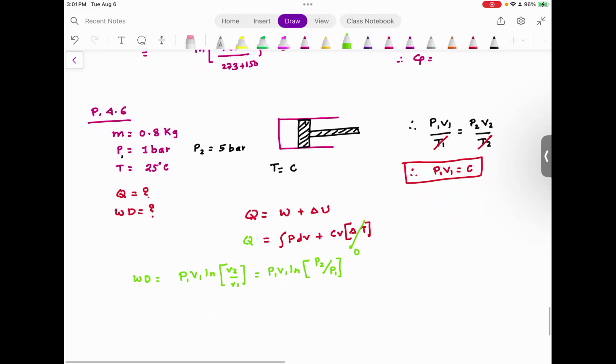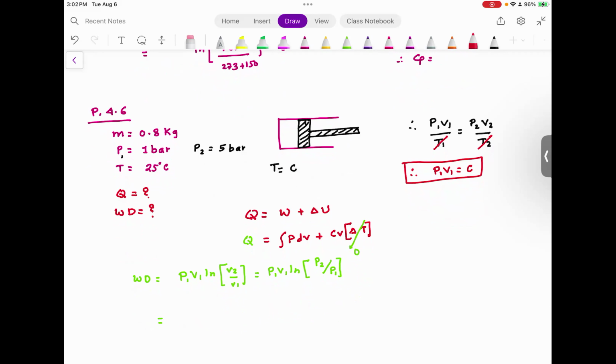So since in this case pressures are given, 1 into 10 to the power 5 multiplied by V1. Volume V1 is not given, but it's air, so we know the value of R.